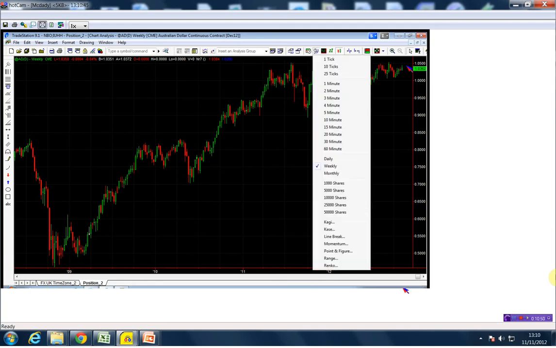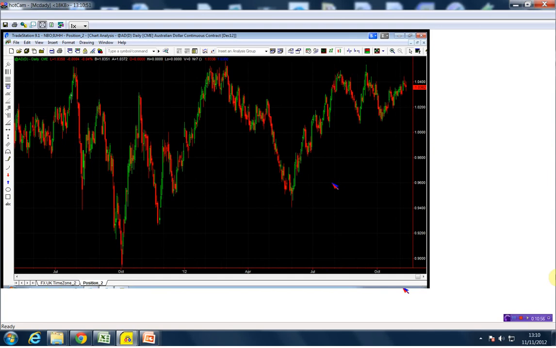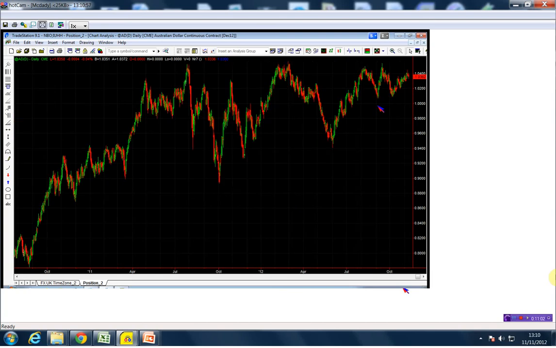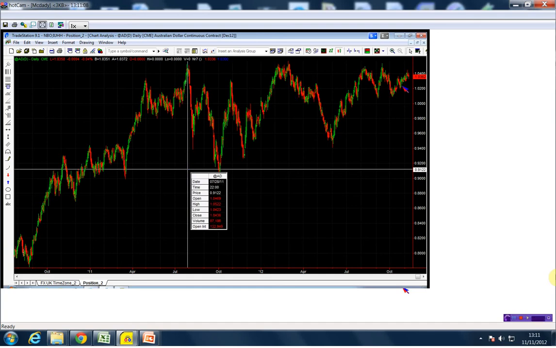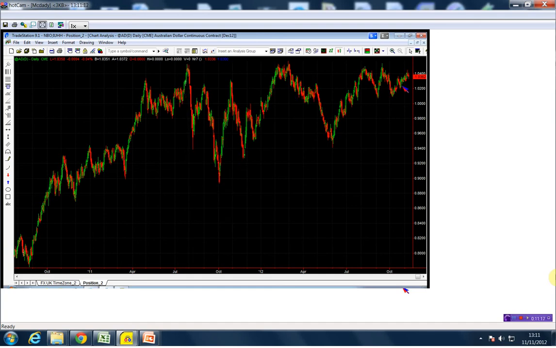If you look at it on the daily chart, since July of 2011 it's been moving sideways.